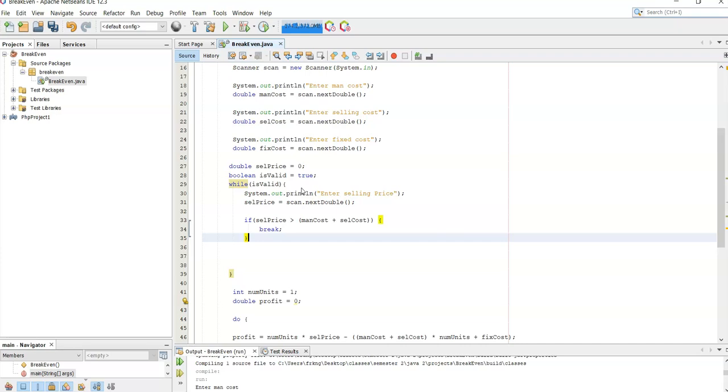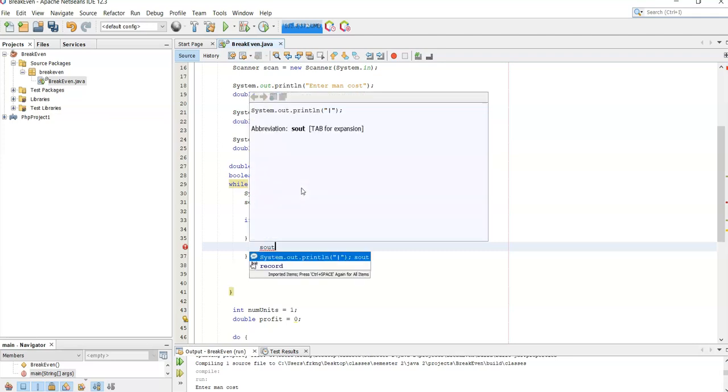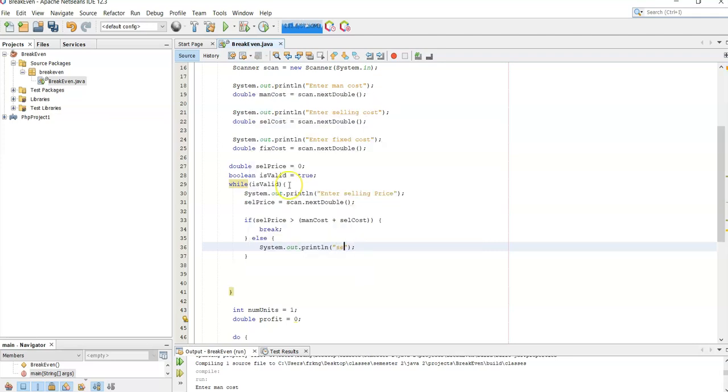If it is not, we should say: selling price must be more than variable costs.